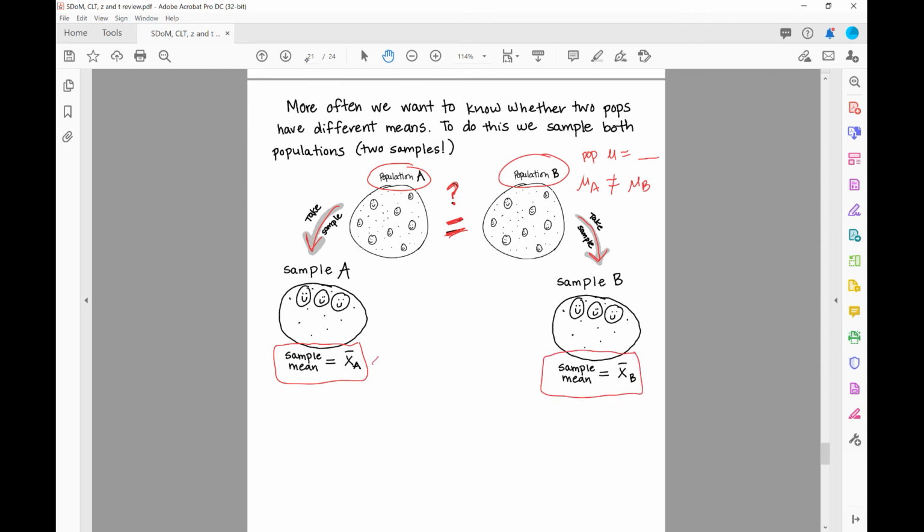And really what we're going to end up doing is sort of comparing these two means and trying to determine how likely is it that they really come from different valued populations, or could they just as easily, any differences we see, could be explained if they were equal.